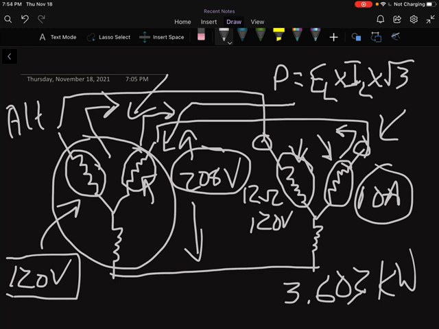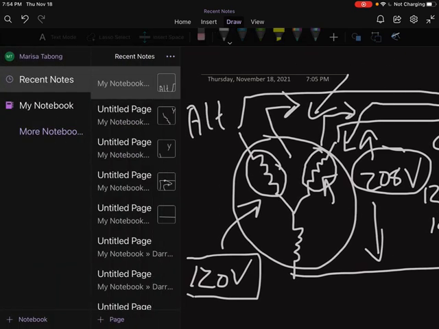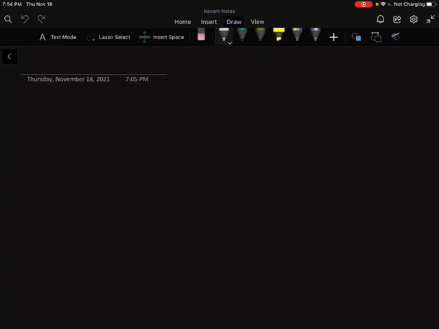I'm going to look at, let's open another one here. Let's look at our delta, and let's look at a Y-connected alternator.